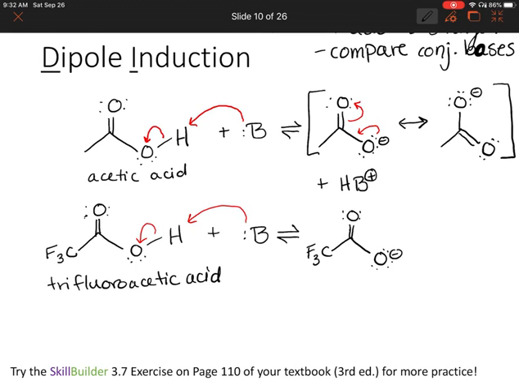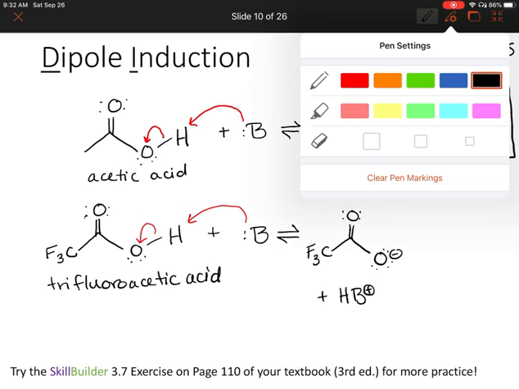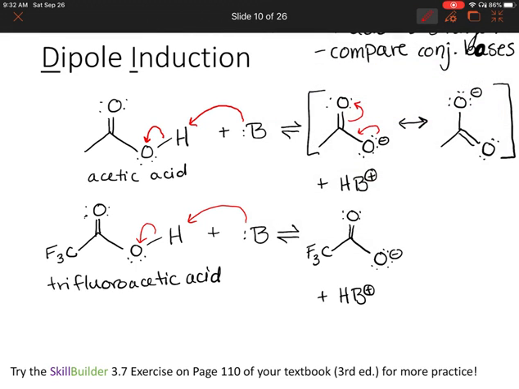And again, I'm going to write the conjugate base down below because you can probably already see that we have resonance in this product as well. It looks very similar to our previous conjugate base. So we can show that there is resonance.